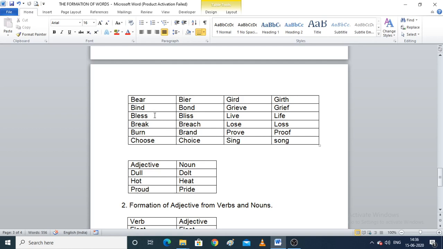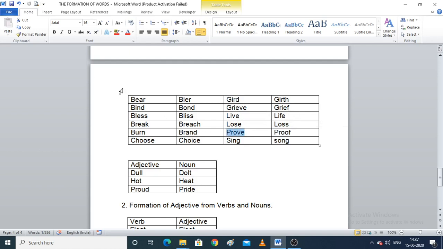Let's take an easy example. Life. You all know life is a noun, but you didn't know that it is derived from the verb live. Proof. You all know proof is a noun, but you didn't know that it is derived from the verb prove.